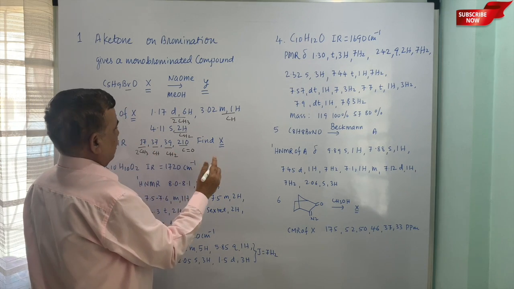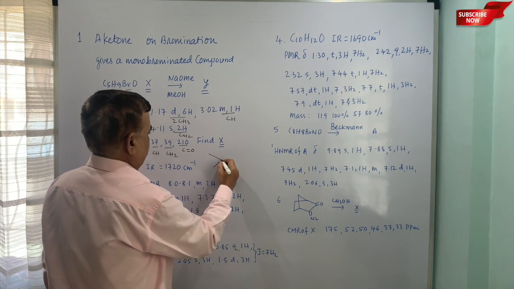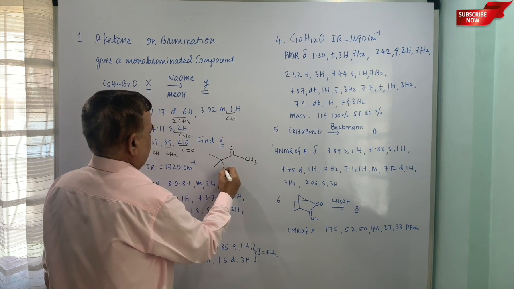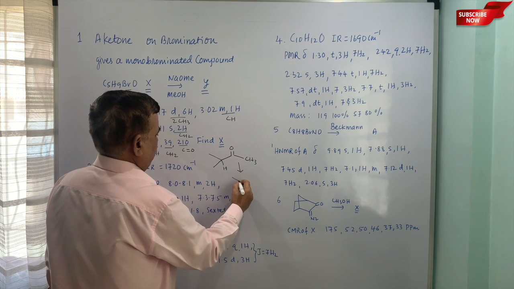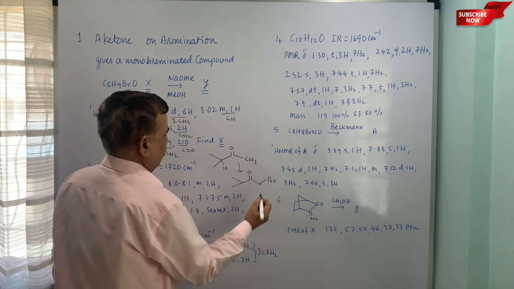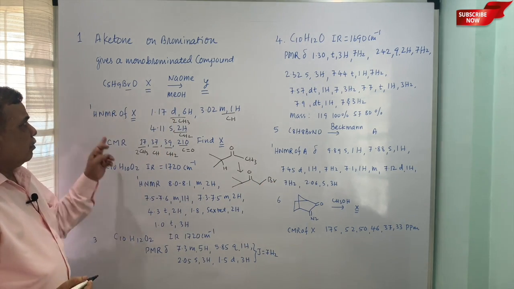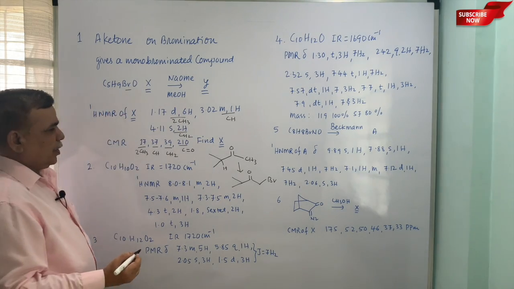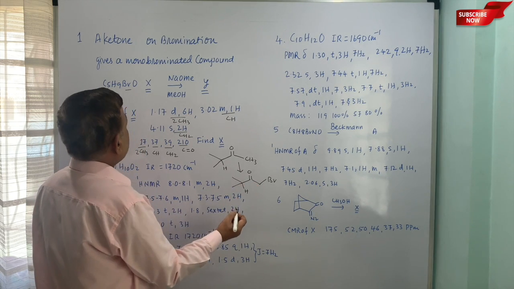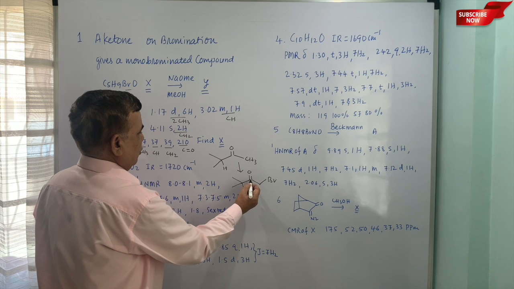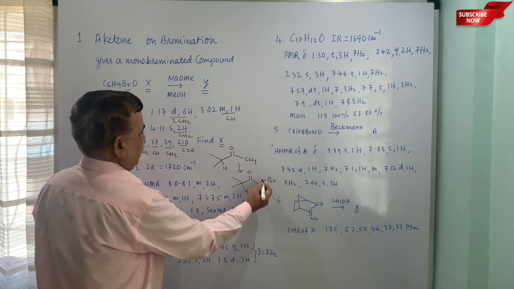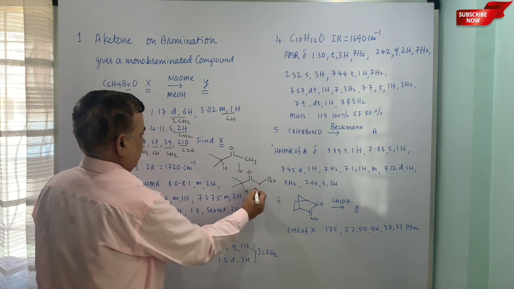First of all we have to start with the ketone, and then monobromination will preferentially give us the monobromo compound C5H9BrO. So 9 hydrogens, 5 carbons, Br and O. So this is X.